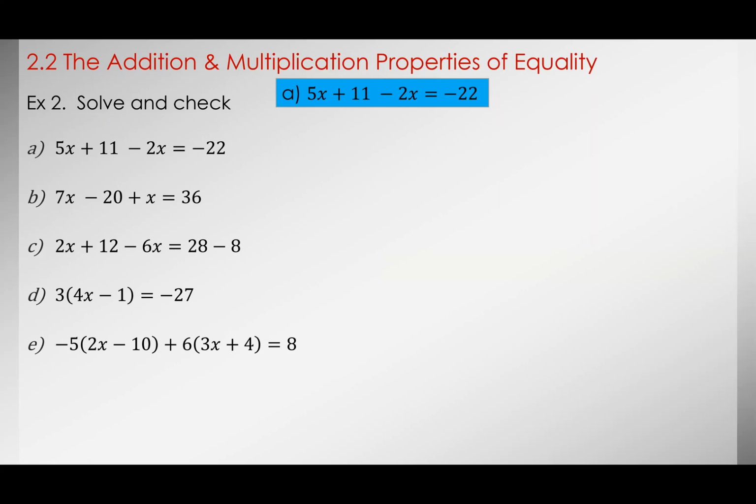Your goal is the same as before, it has not changed: you want to get x by itself. First of all, I want to point out that this problem is different from the previous one in that you have your x terms on the same side.